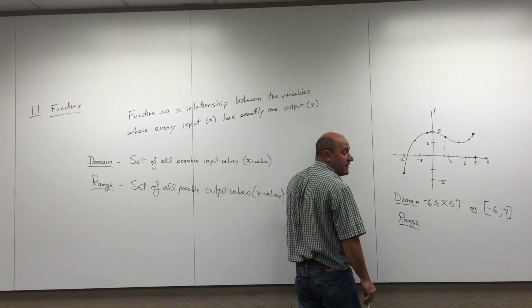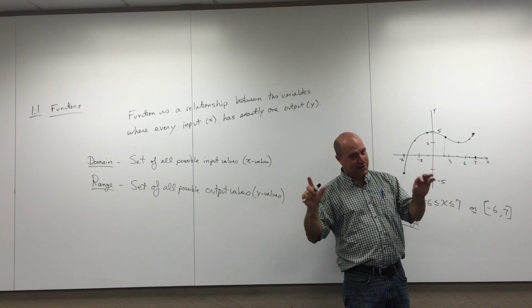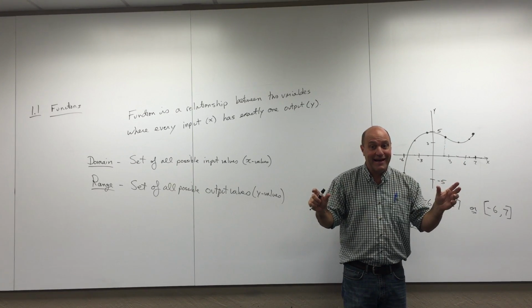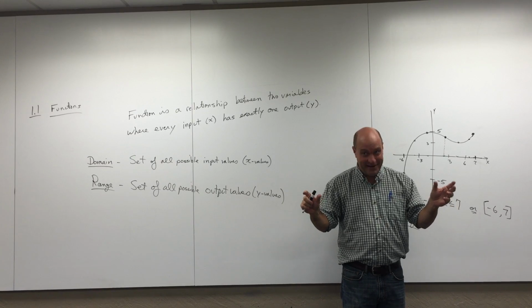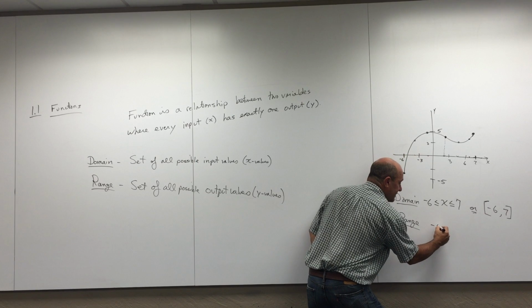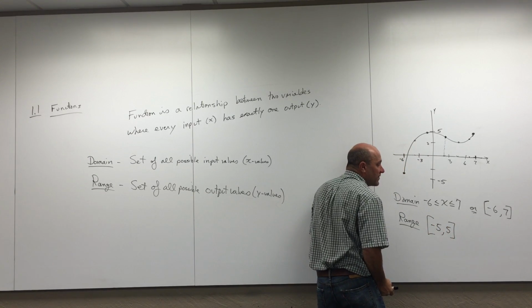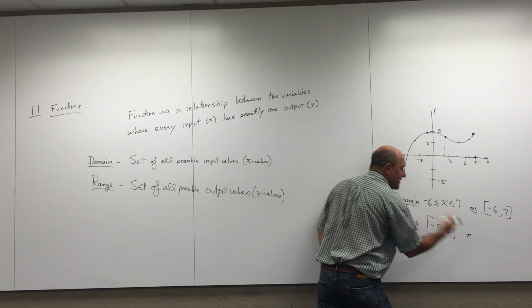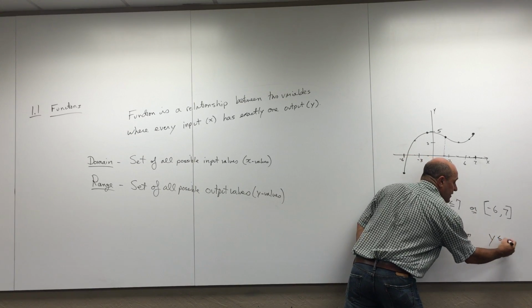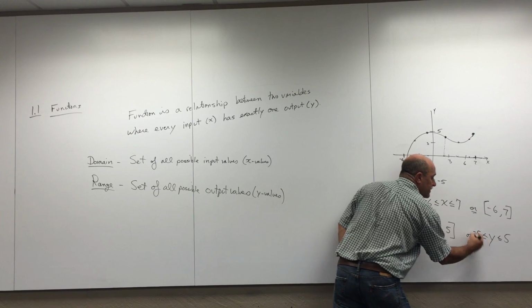Negative 5 to 5, including the negative 5 and the 5. That's it in English. You write that mathematically like this, [-5, 5], including both of them. Or you write y is less than or equal to 5, but greater than or equal to negative 5.